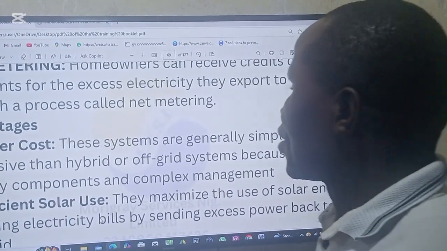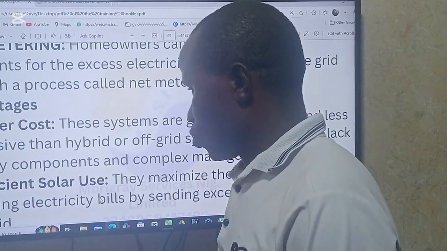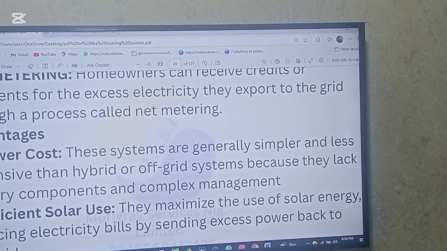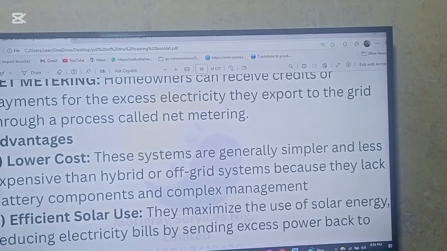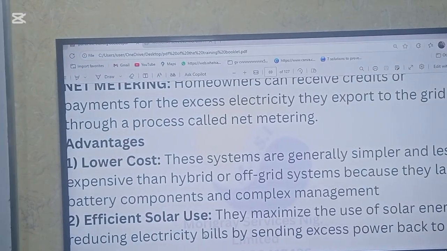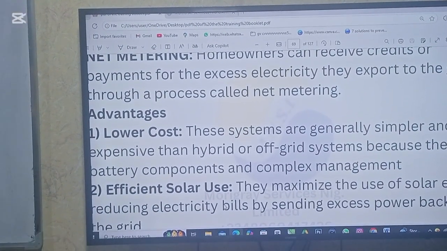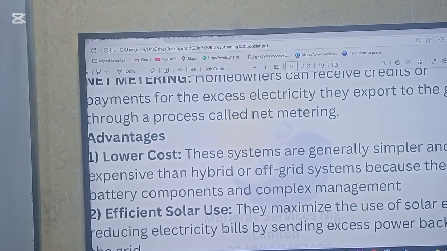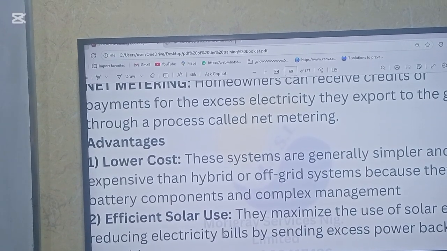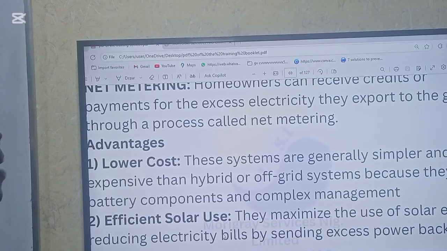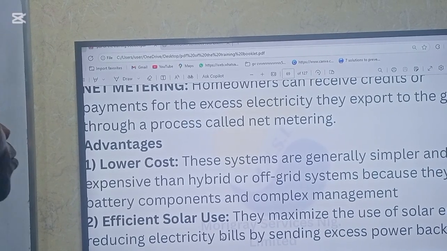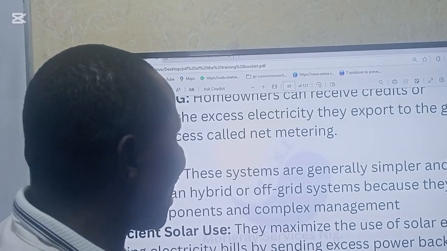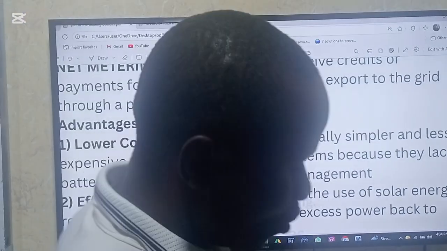Some advantages. Number one, low cost. These systems are generally simpler and less expensive than hybrid and off-grid systems because they lack battery components and complex management. Efficient solar use: they maximize the use of solar energy, reducing the electricity bill by sending excess power back to the grid.